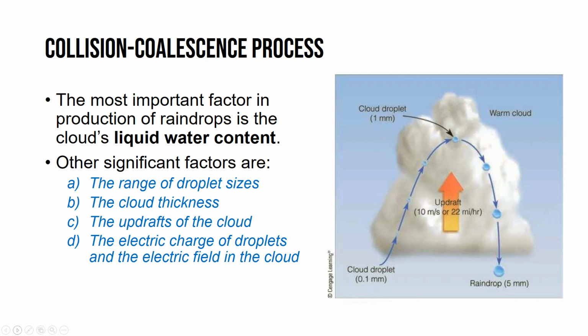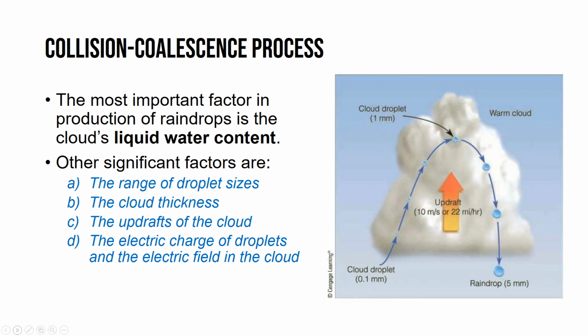If it can produce precipitation, it only produces drizzle, caused by weak updrafts and small thickness.